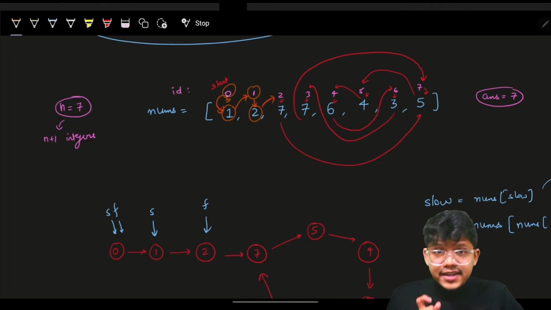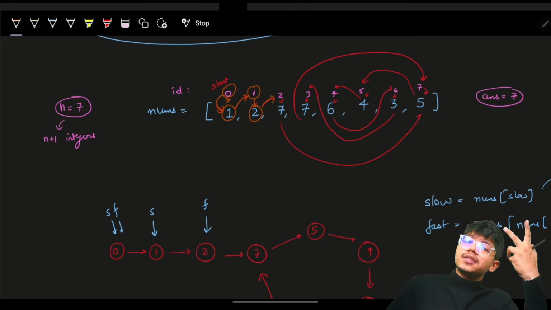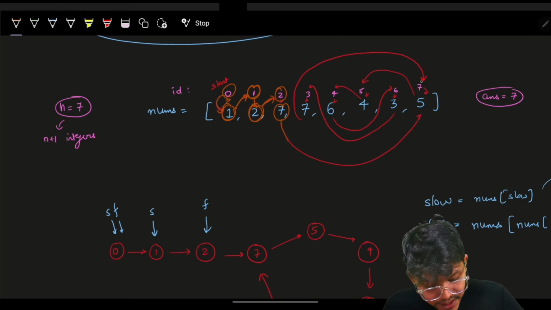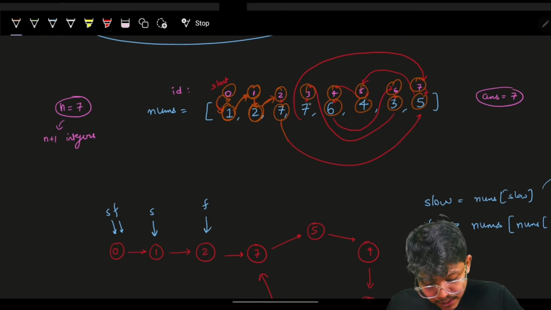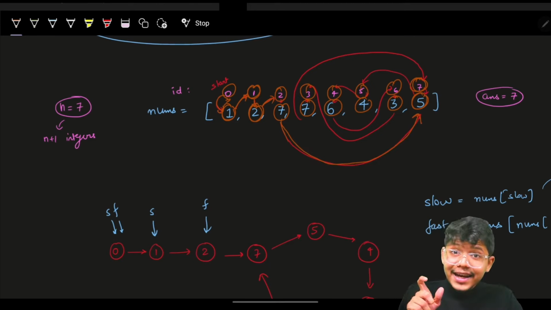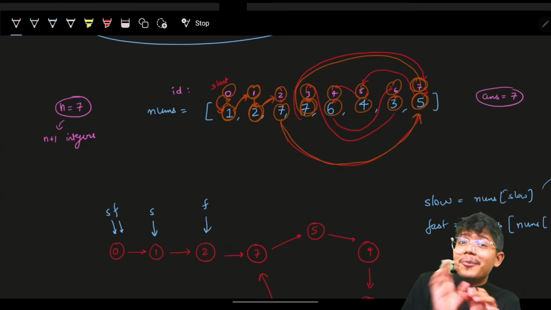Index 0, I pointed to 1, which means the index will point to its element, and the element will be imagined as the index itself, which will point to its other element. 1, it went to index 1, pointed to 2, it went to index 2, pointed to 7, it will go to index 7, point to 5, it will go to index 5, point to 4, it will go to index 4, point to 6, it will go to index 6, point to 3, it will go to index 3 and point to 7, it will again go to index 7 and point to 5. You saw? Index 7 I could reach from here, and index 7 I could also reach from here. Thus, I will form a cycle.